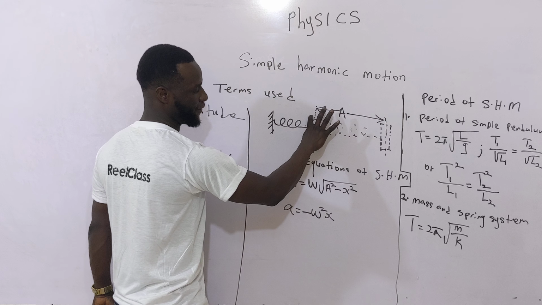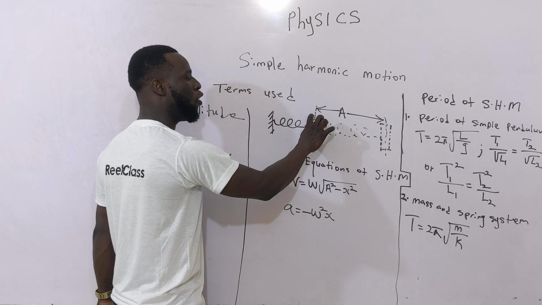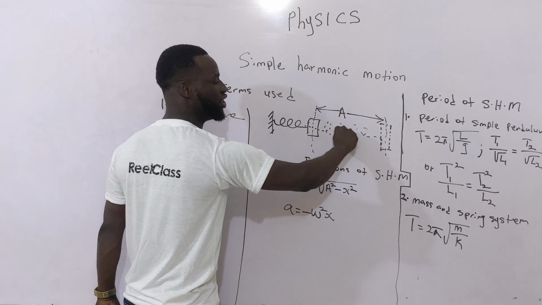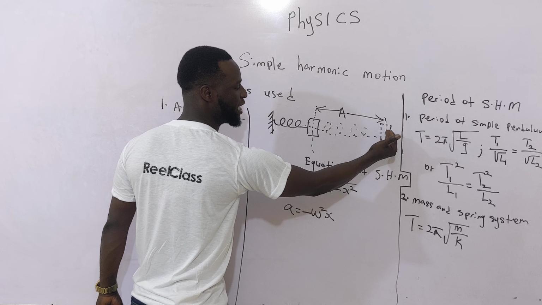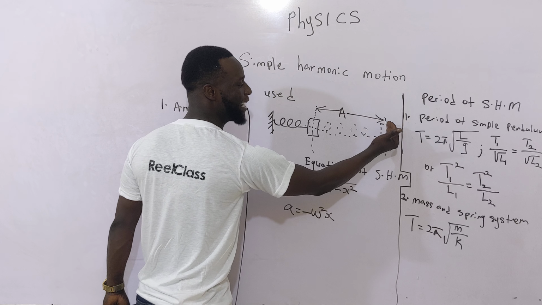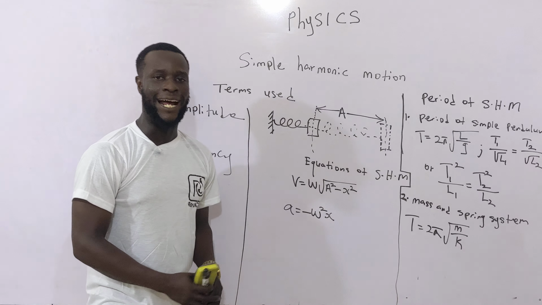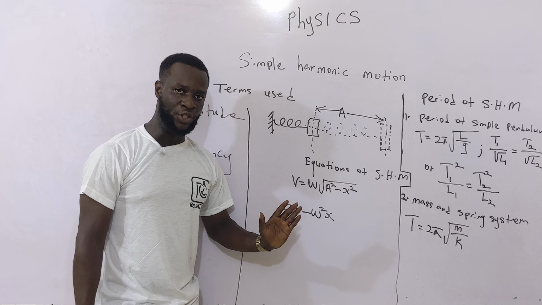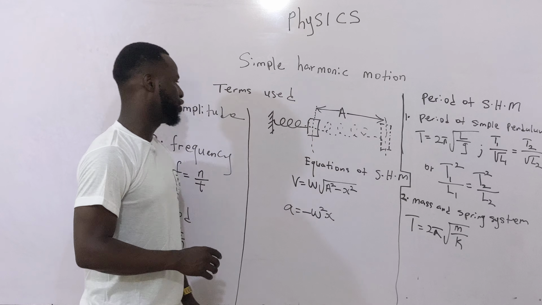The spring is at rest at this point, so this is my equilibrium position. If I hold this spring and pull it back to this point, this is the largest point I've taken it to. This is the maximum displacement from the equilibrium position, so that is my amplitude. Amplitude is the maximum displacement from the equilibrium position.